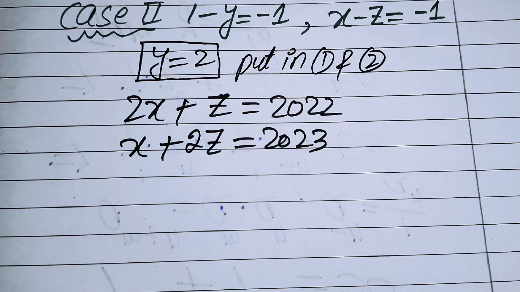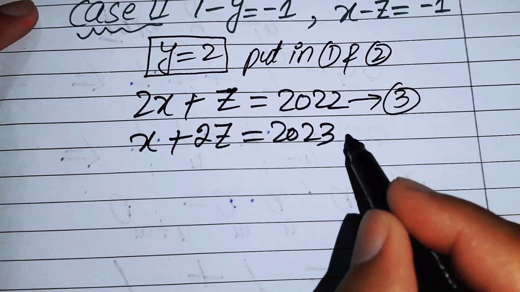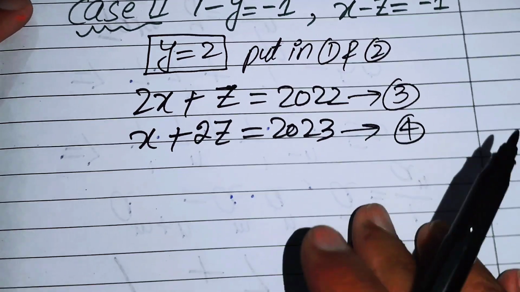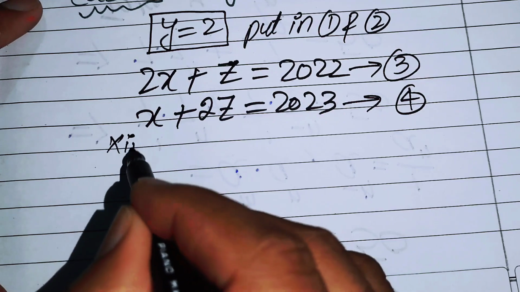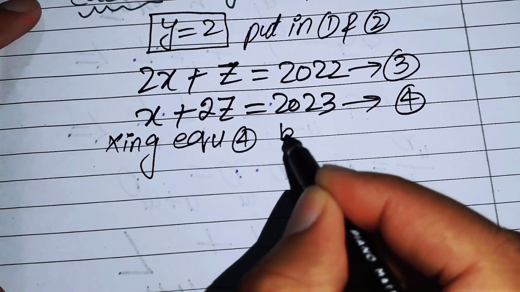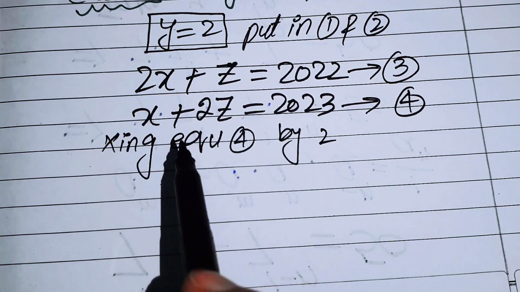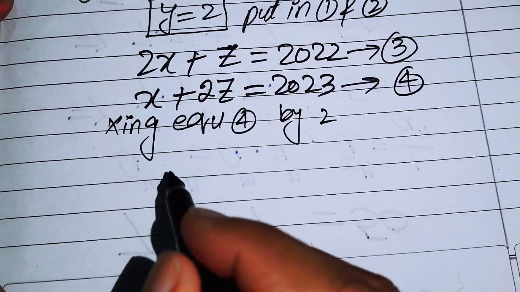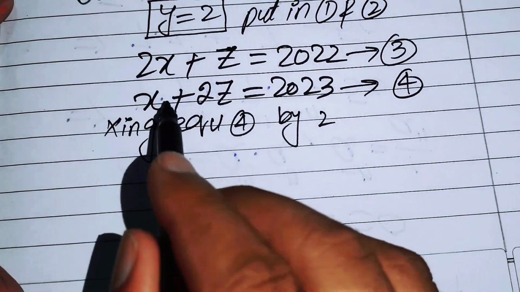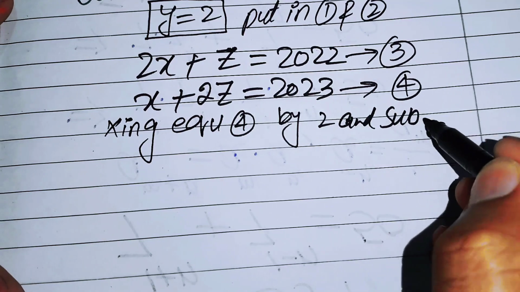I can name this as equation number 3 and this as equation number 4. Now first I multiply equation number 4 by 2, to make the coefficients of x the same.